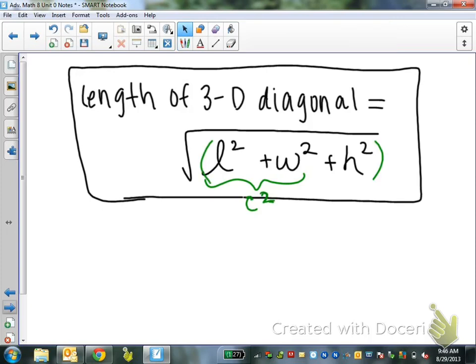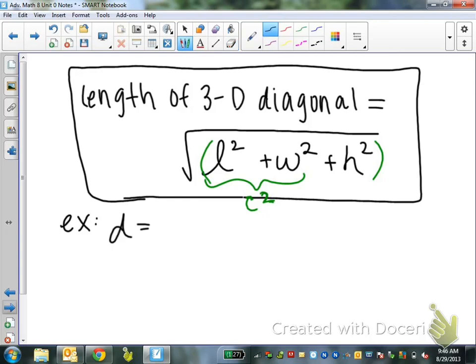So we're going to use this formula on the previous example. With example 2, let's still call it D for diagonal. So D equals the square root of, what was our length, guys? 12.